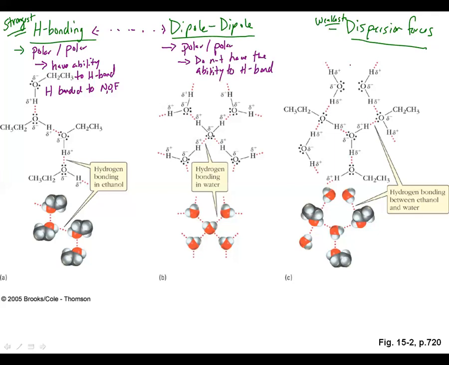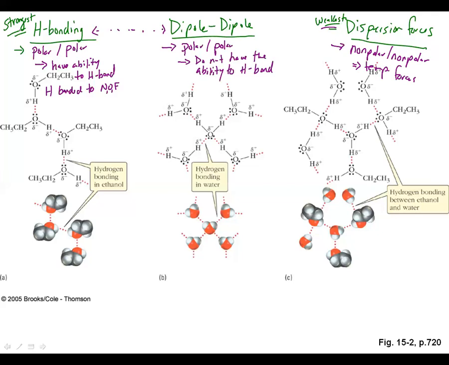And the weakest out of all of these is our dispersion forces, which includes instantaneous dipole, induced dipole, those temporary type forces. That is the major force that holds a nonpolar molecule together with another nonpolar molecule. These are the more temporary forces and the weakest of all of them.